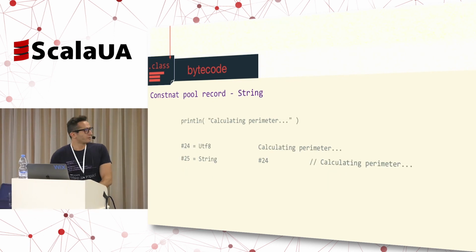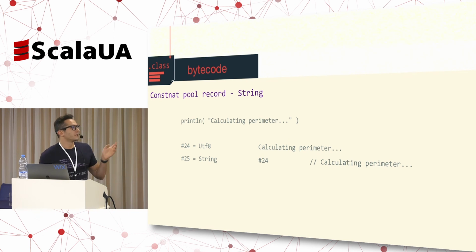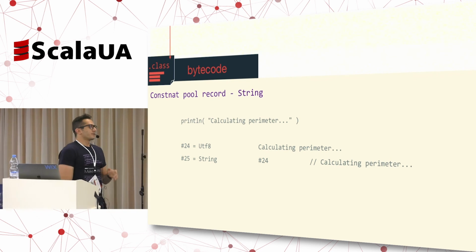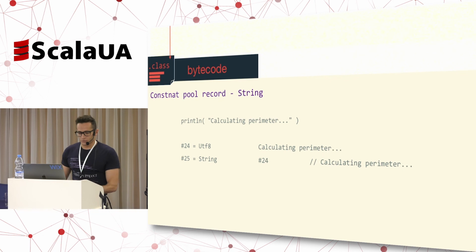So if we have the same example, but now with a constant string from the function that we saw, let's say calculating the perimeter, in the constant pool we will see two lines for it. One is UTF-8 and one is String. If we saw before that the type of the integer was CONSTANT_Integer, this time it's CONSTANT_String and CONSTANT_Utf8.